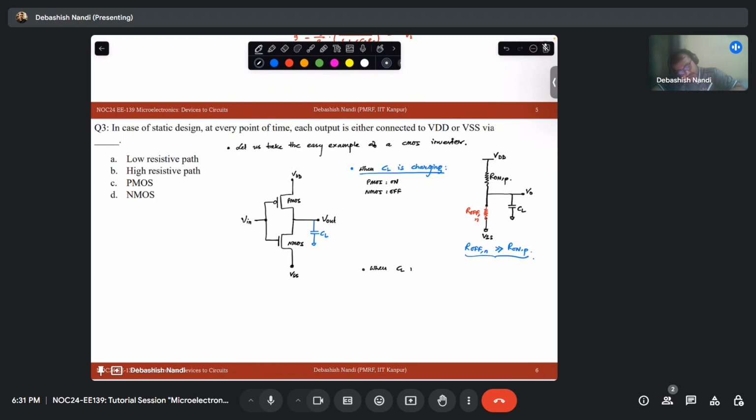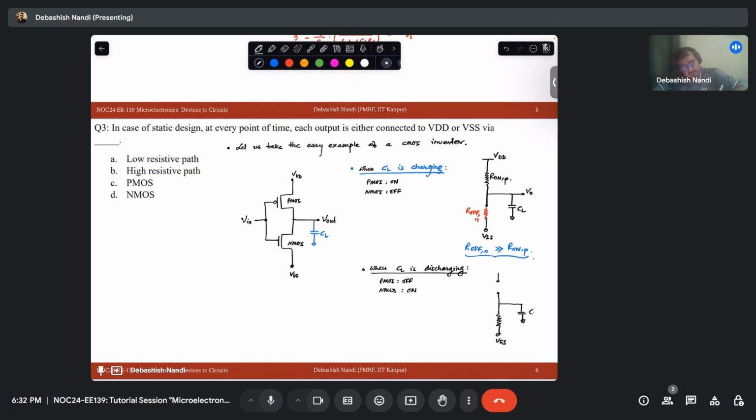when CL is discharging, then your PMOS is off and your NMOS is on. So the reverse case will happen. So this will be VSS.